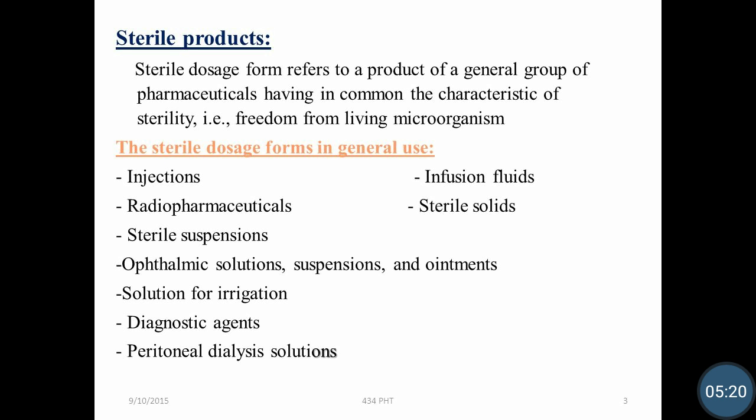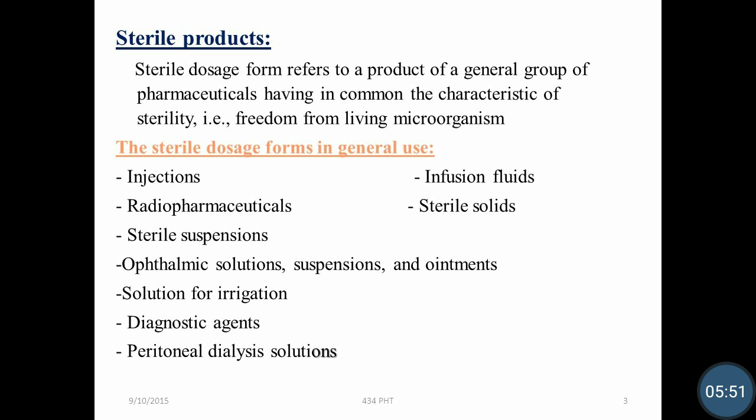The ophthalmic formulations are instilled in the eyes. Okay. So if they are non-sterile, what will happen? They may cause irritation to the eyes or infection to the eyes. And the eye is a delicate organ, so all the ophthalmic formulations should be sterile, that is free from all types of microorganisms as well as pyrogens.